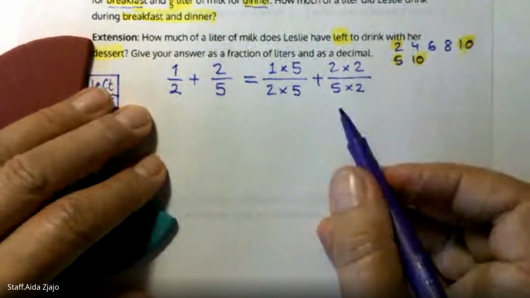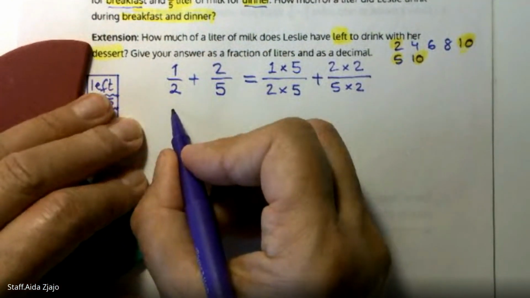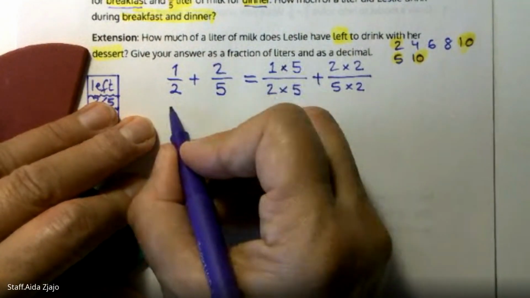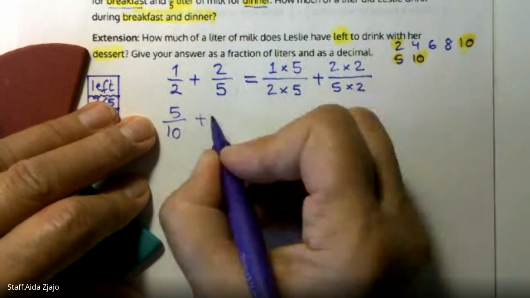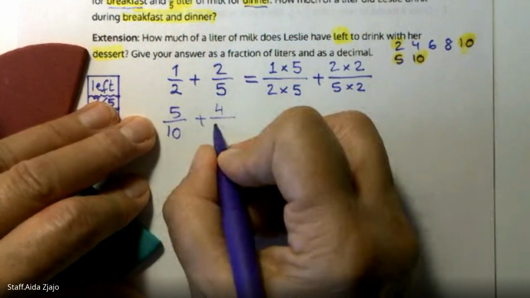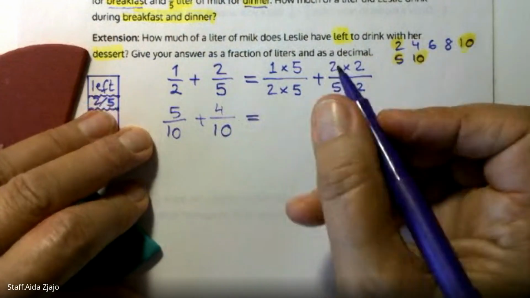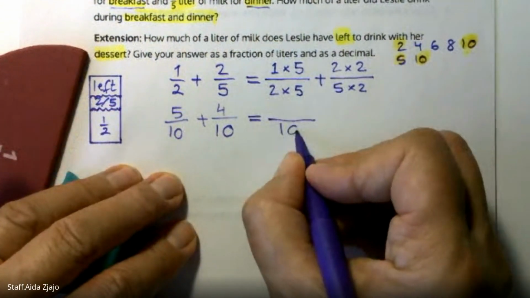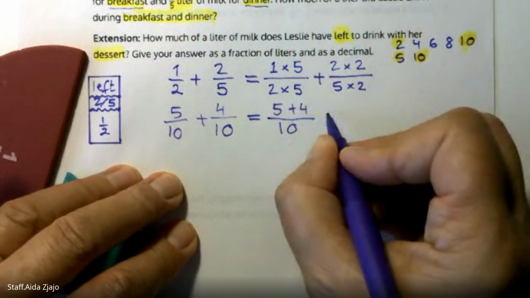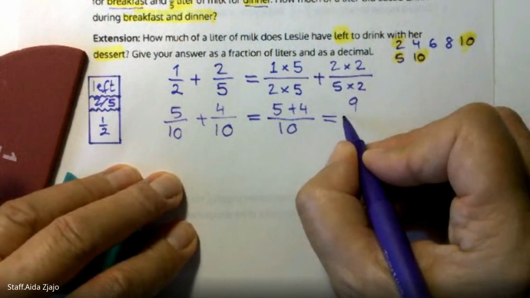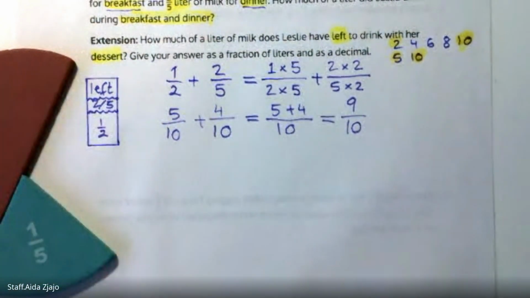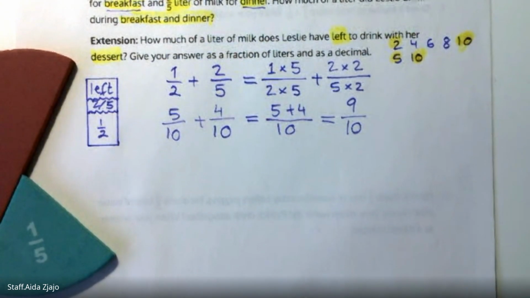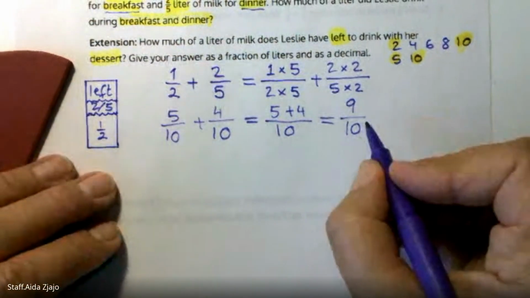When I do that, 1/2 will become 5/10, and 2/5 will become 4/10. So then they are all tenths. 5 plus 4 is equal to 9/10. So she drank 9/10 of the milk.